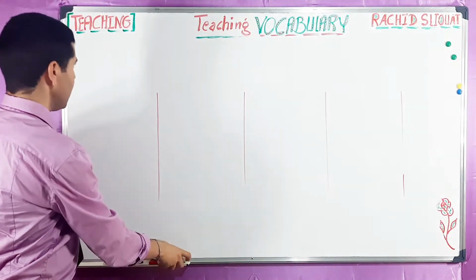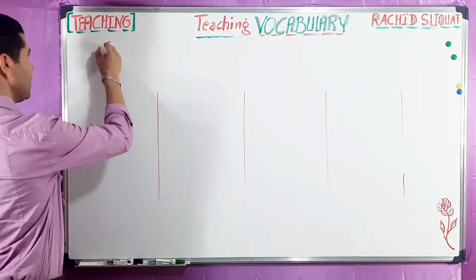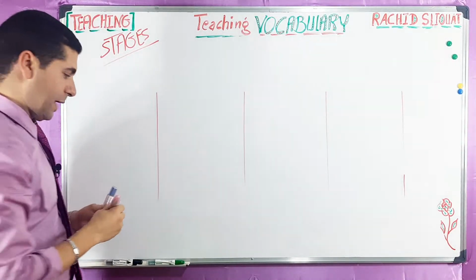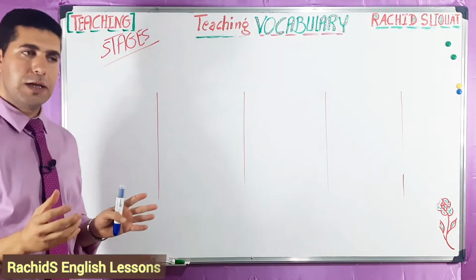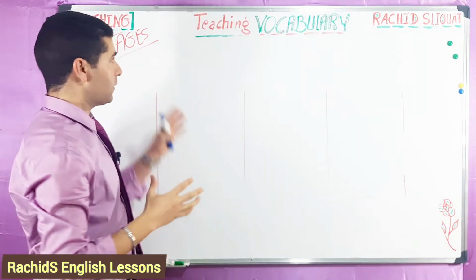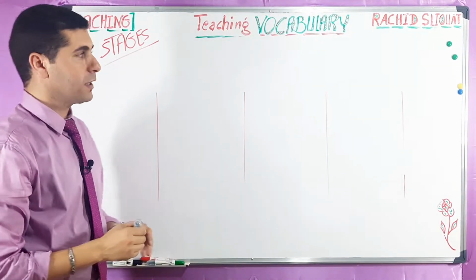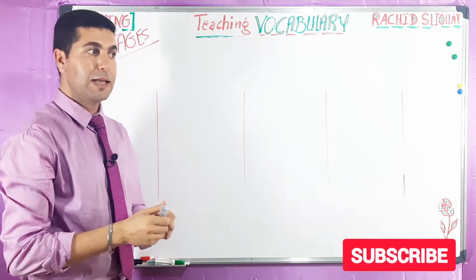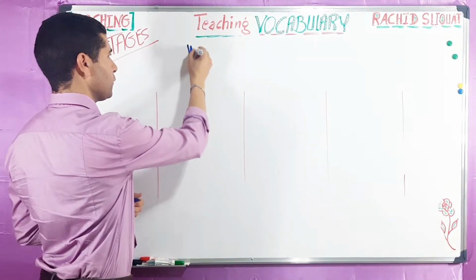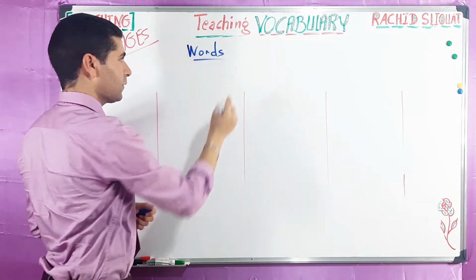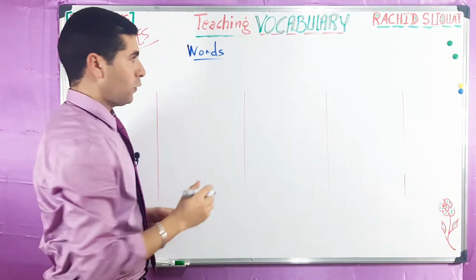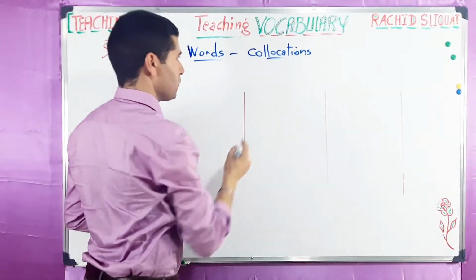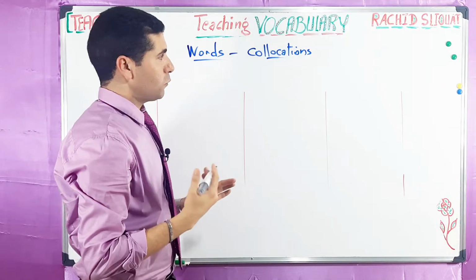So today we are going to see, as I said, stages to follow to teach vocabulary. Now, before we start talking about these stages, when we talk about teaching vocabulary, vocabulary can be single words, for example. It can also be collocations.